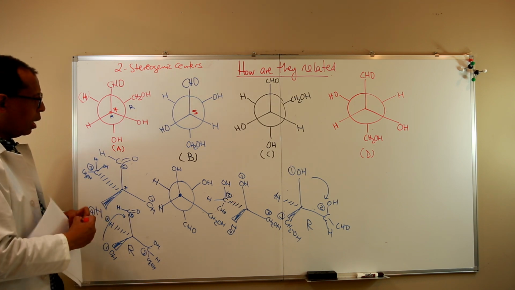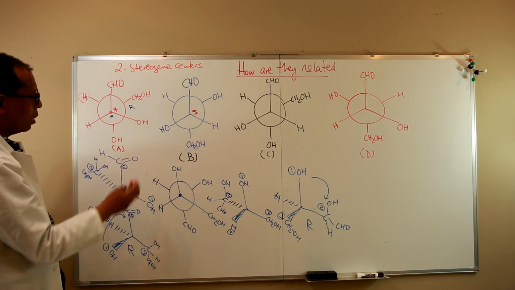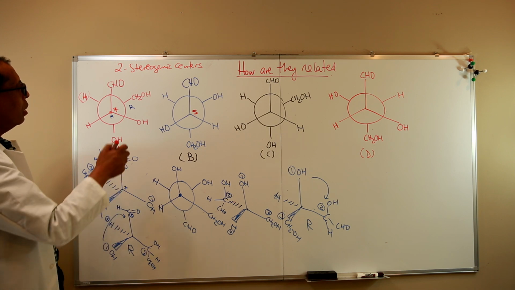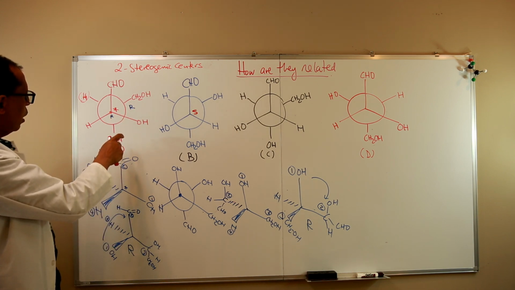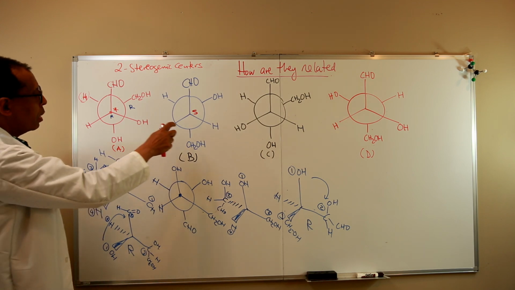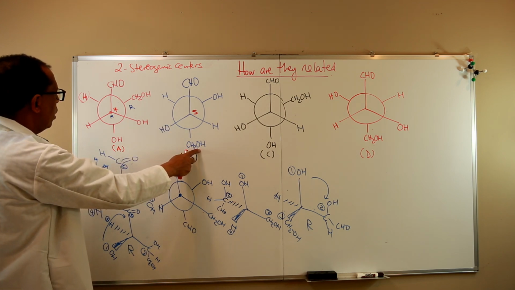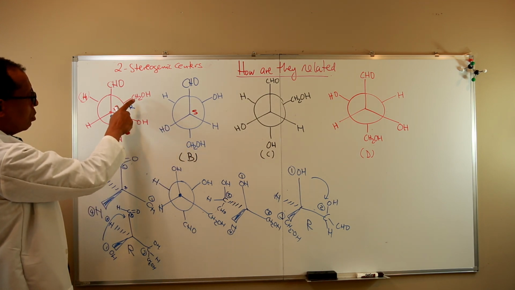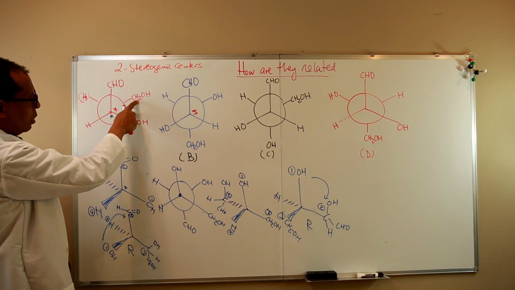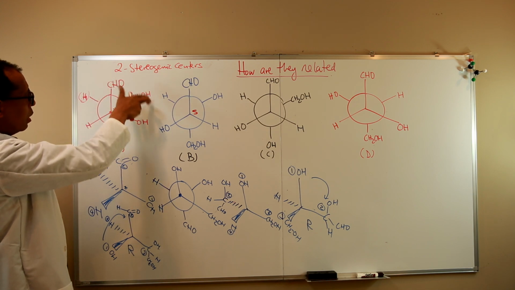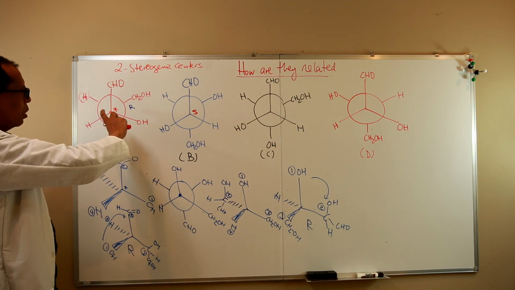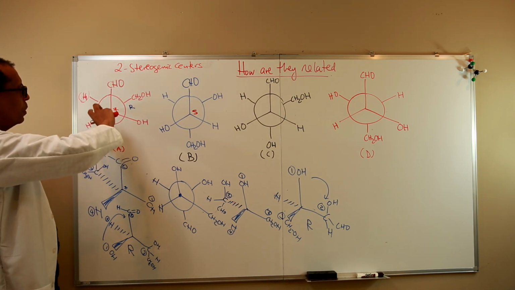How about the back? For the back, you may not be able to see it now because the back is CH2OH is down here, but CH2OH is up here. So if you just rotate it like that, you can actually solve this.